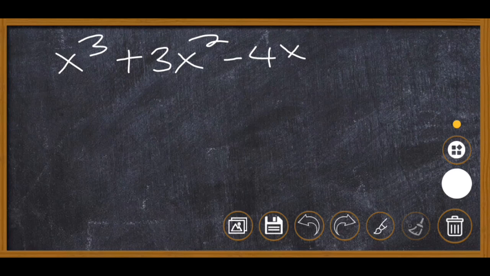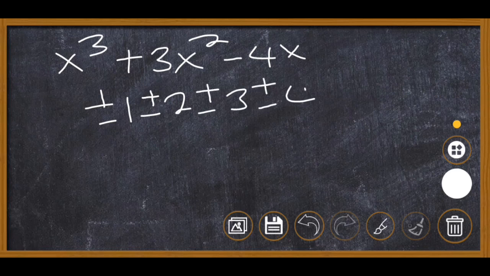In this case we have different kinds of values. You can have positive or negative 1, positive or negative 2, positive or negative 3, positive or negative 4, positive or negative of any number that you can think of. This trial method is what we use to find a factor.